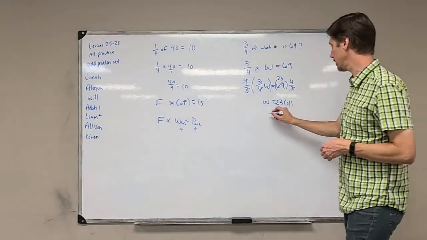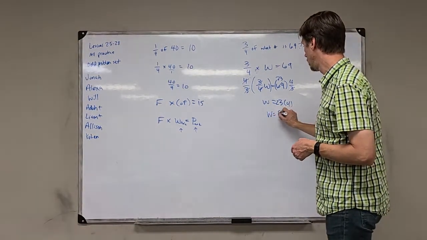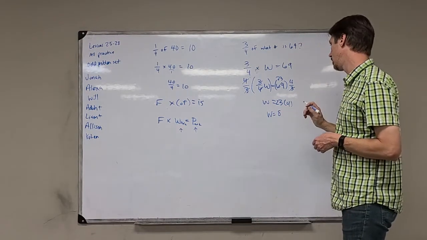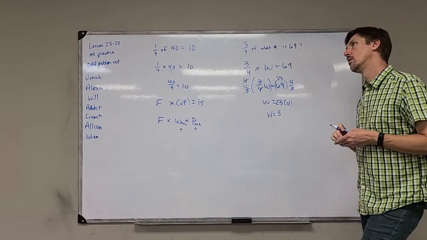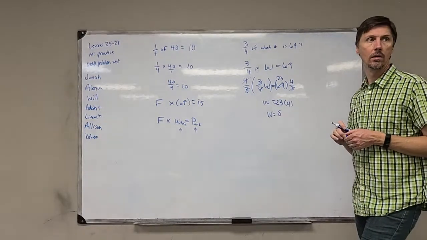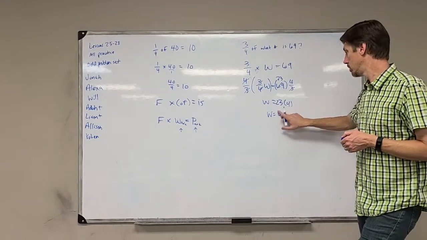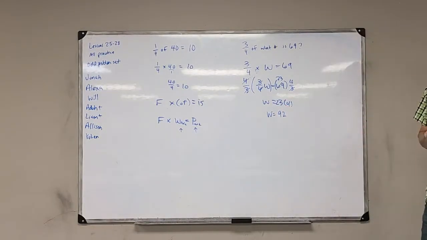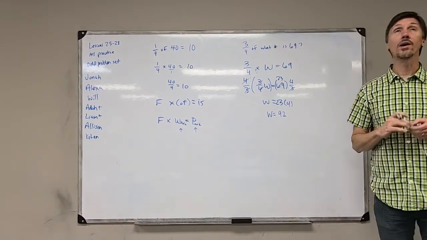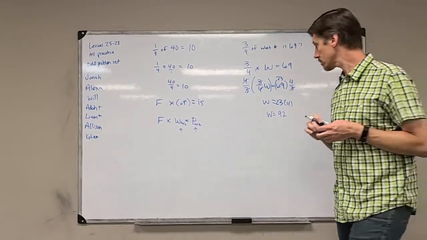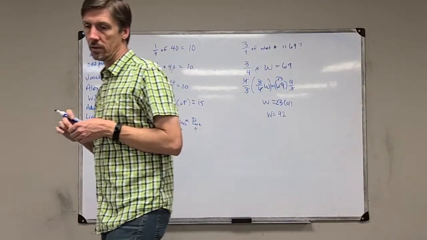Is that right? No, that's not right. Pretty sure it's 92? It's got to end in a 2. 4 times 3 is 12. Yeah, 92. You're right. What did I do wrong there? Oh, it's 2. 2 times 4 is 8. So 100 minus 8. All right, so 92.